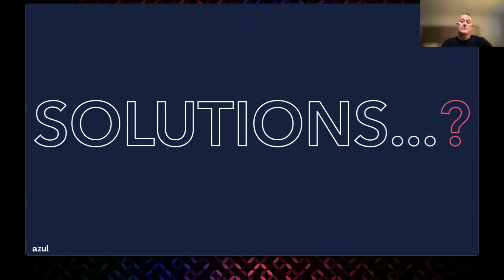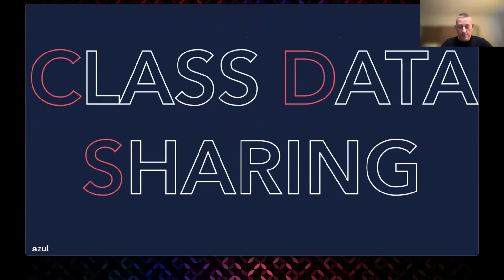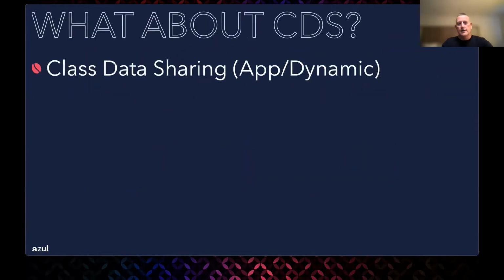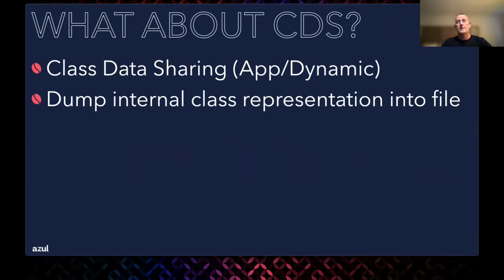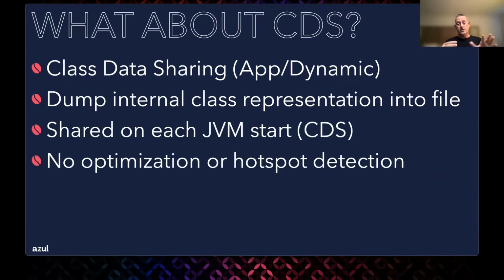So let's take a look at the possible solutions that could help us in this case. First of all, there is something called class data sharing, or CDS, which is not really related to JVM warm-up, but people came up with it, so I added it to the slides to give you at least an idea what it can do. There is app and dynamic CDS, and in principle, it's a dump of the internal class representation into a file, and these representations will be shared on each JVM start.